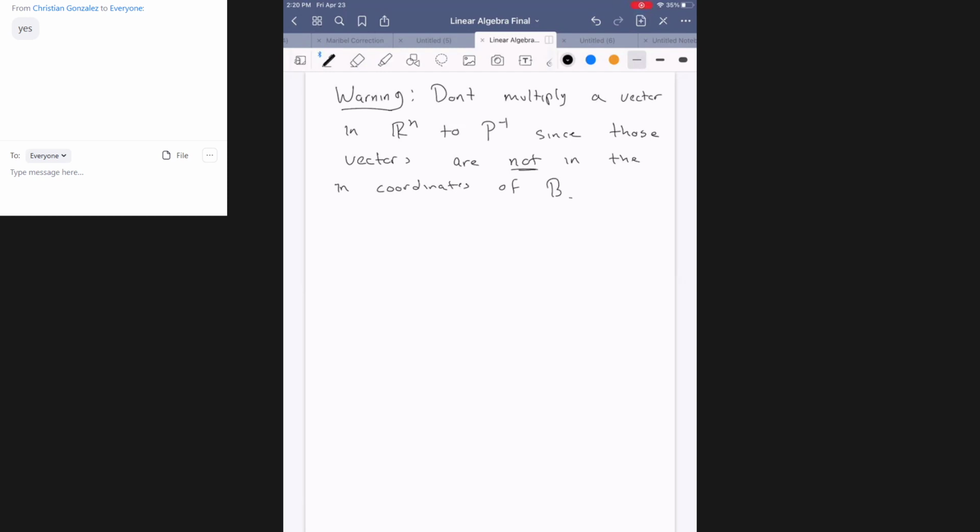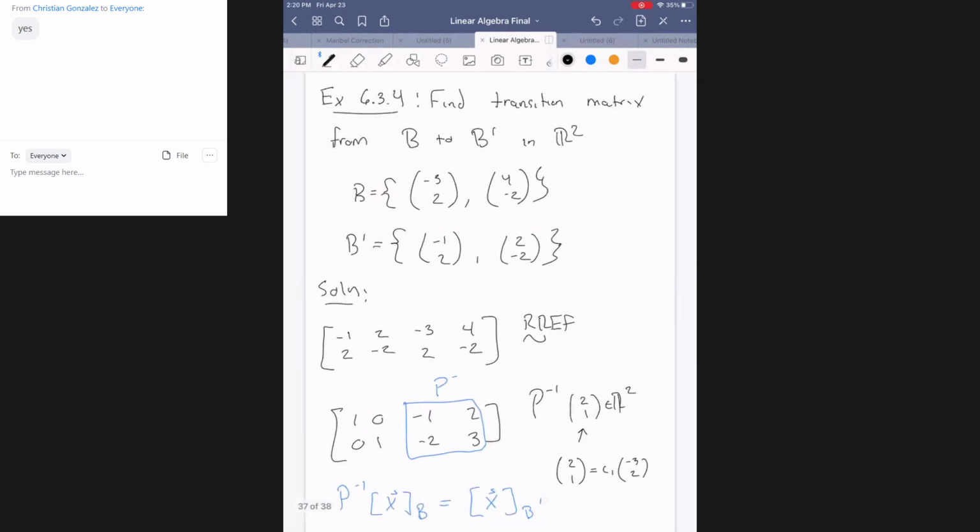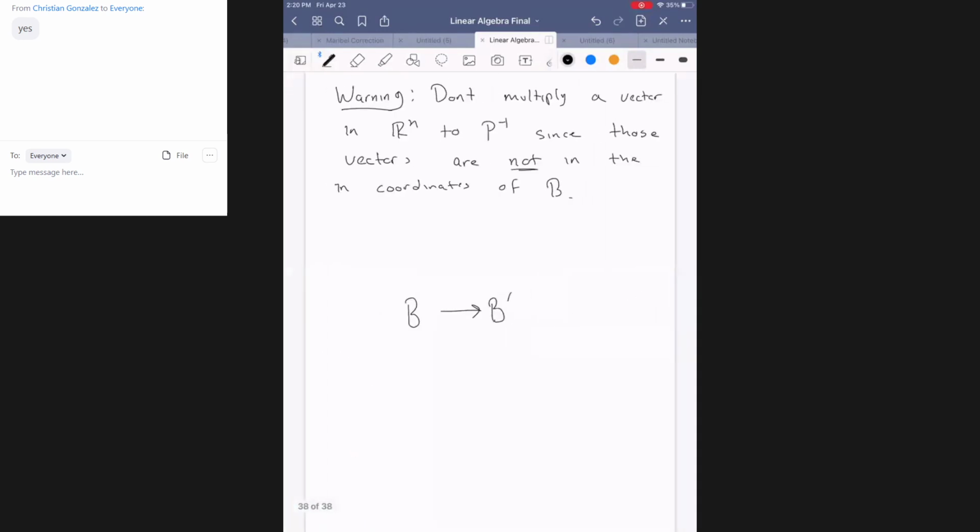So what you could do is this instead. Let's say this is from B to B prime, and this is my P inverse.